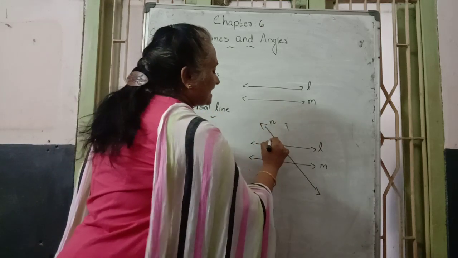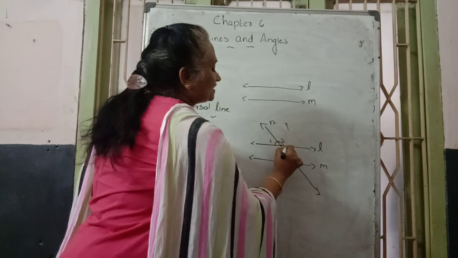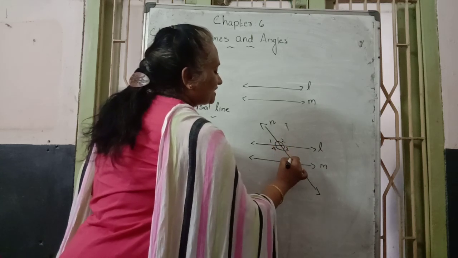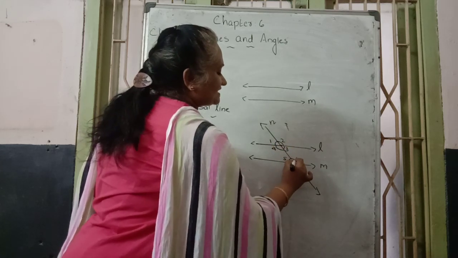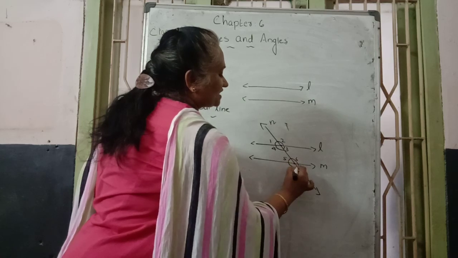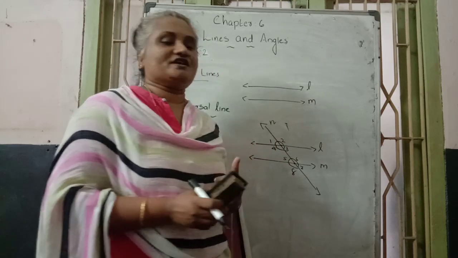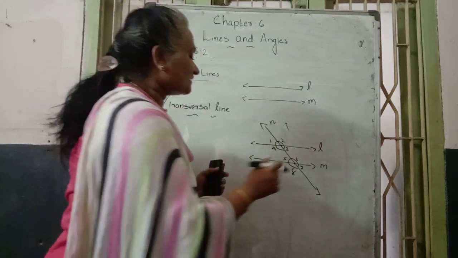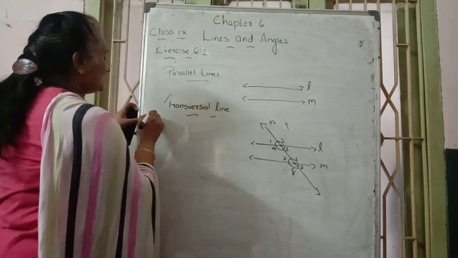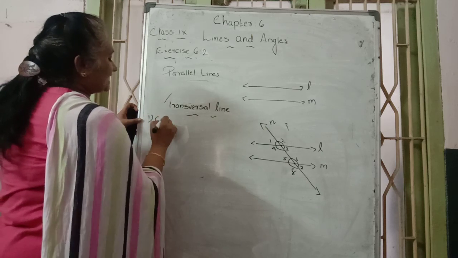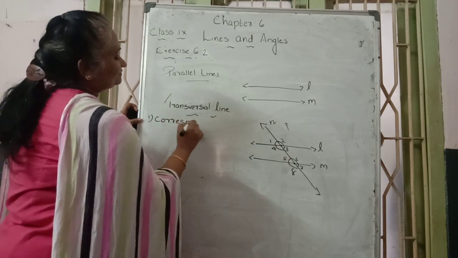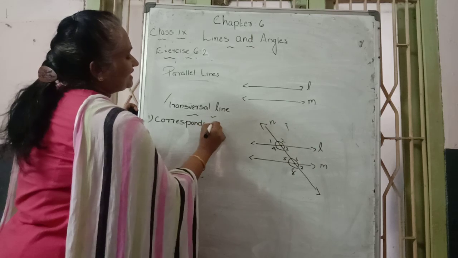Then here I mark angles 1, 2, 3, 4, then here 5, 6, 7, 8. In this way I am marking the angles. Among these, the first word is corresponding angles.